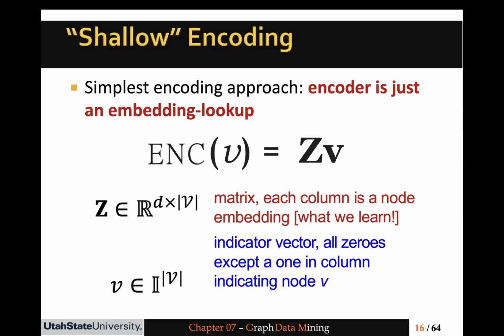Ideally, we would like to have an encoding of v as nothing but some column from a given matrix Z. Z is a very large matrix of D by V, where every single column is the representation of a node, and every single row is a dimension in the new embedding space.